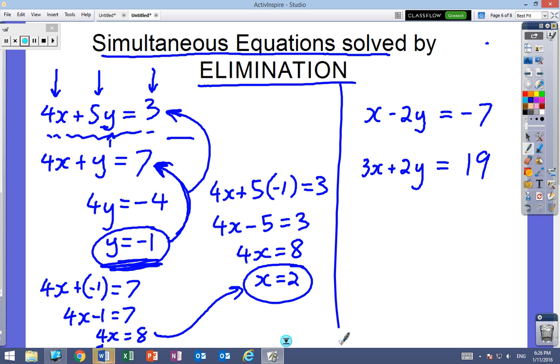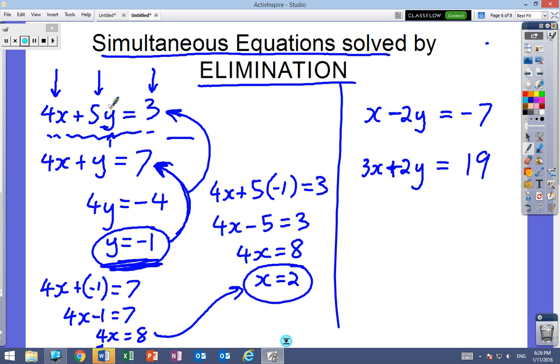Now let's come over this side. Another pair of simultaneous equations. We're going to solve them again by elimination. This time you'll see the 2y and the 2y are above each other. Notice this is negative 2y. This is positive 2y.